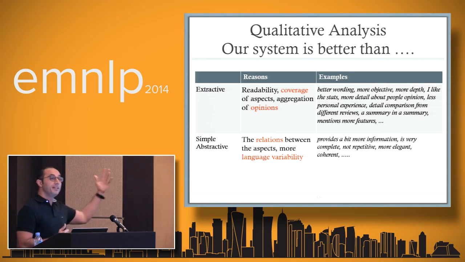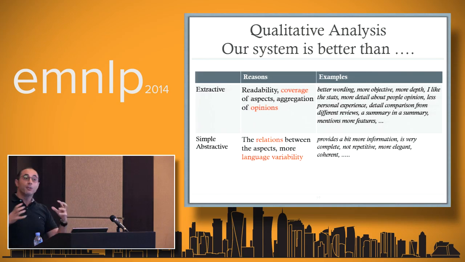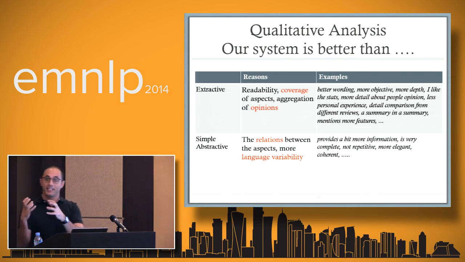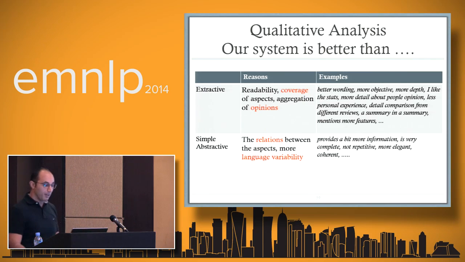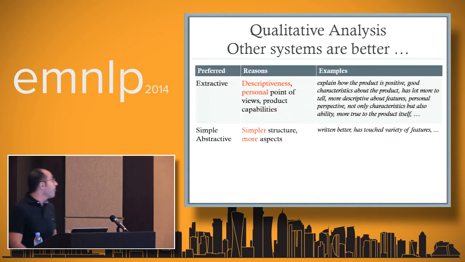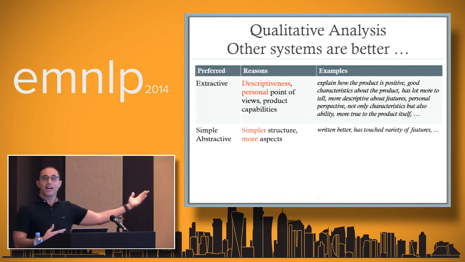At the same time, they liked our system over the simple abstractive one because we had the relations in our system, and we used those relations to choose our connectives and connect the sentences in a more fluent way. And also because of the more language variability. So you can see the examples of how they write their preference. And also in few cases, they preferred extractive systems over our system.